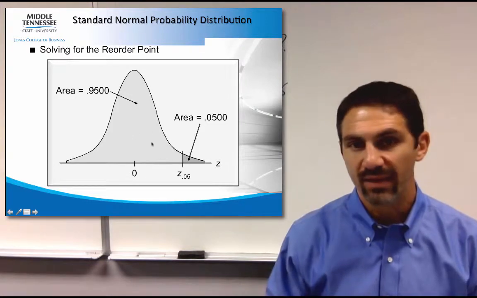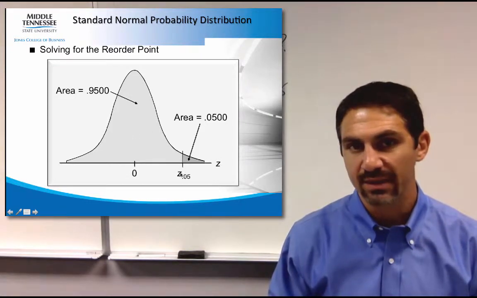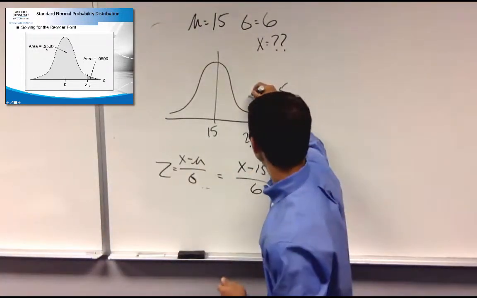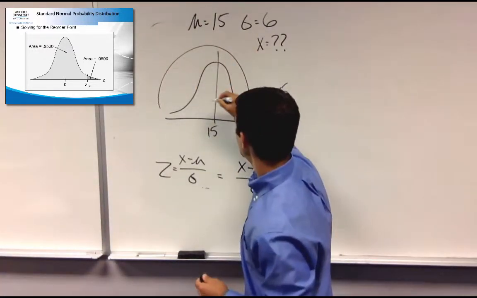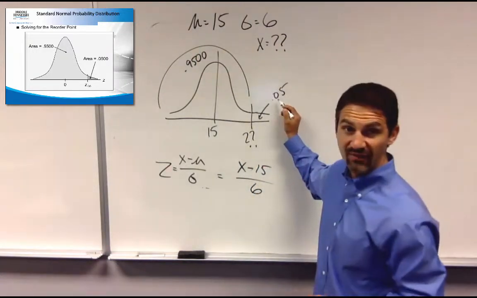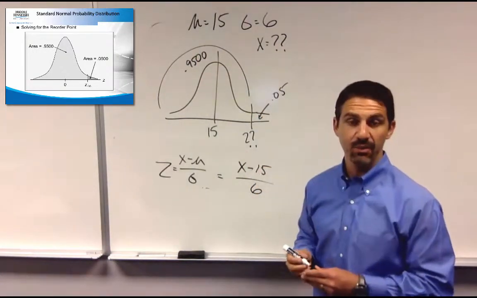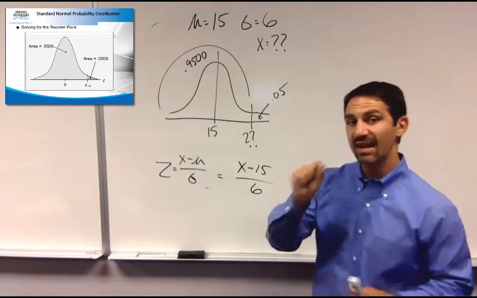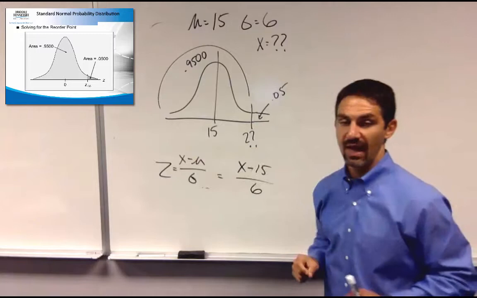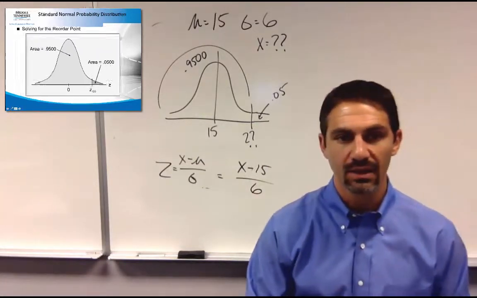We can come up with the z-score at this point based on an area from here over. All of this area is 0.950, right? Because if that's 0.05, the rest of the area must be 0.95. So if I can find the probability that corresponds to 0.95 and the z-score then, that's called norm inverse.